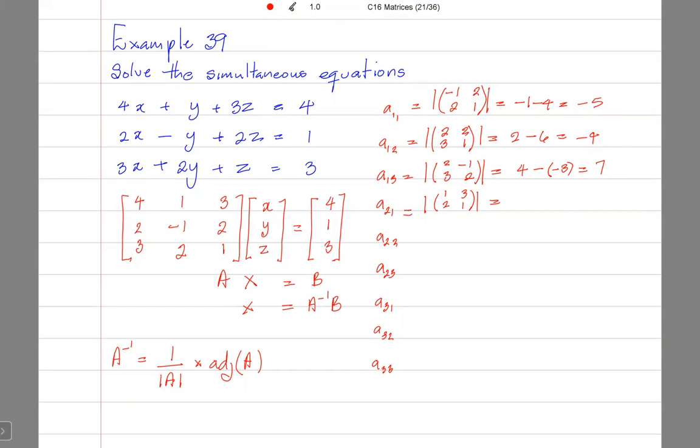So the determinant there would be 1 minus 6, which is minus 5. The cofactor for this element is the determinant of 4, 3, 3, 1. This is 4 minus 9. This is minus 5.